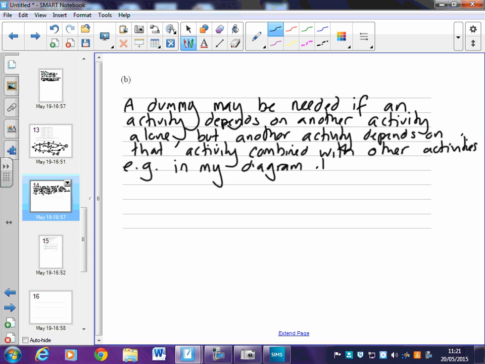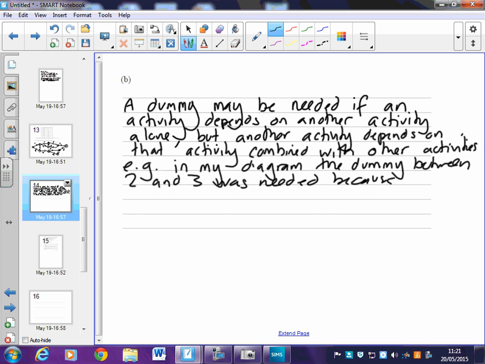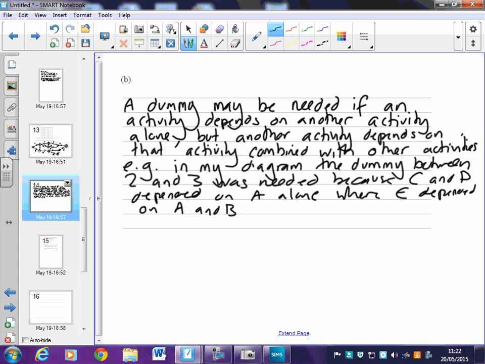The dummy between 2 and 3 was needed because C and D depended on A alone, whereas E depended on A and B.